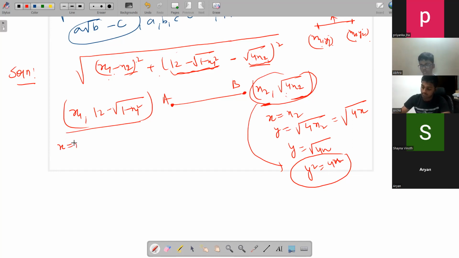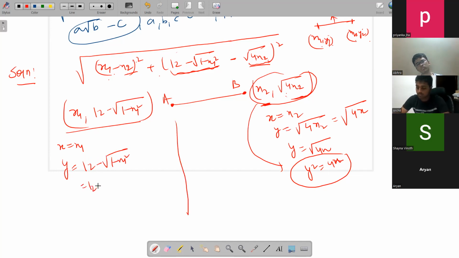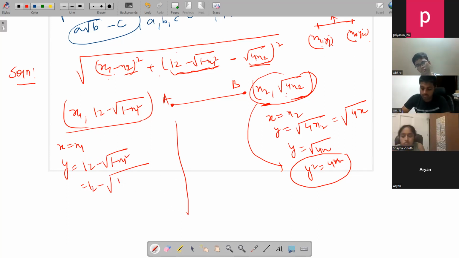Let's talk about the other point. For this, x is x1 and y is 12 minus under root 1 minus x1 square. To find out on which curve this point lies, just put x1 as x and write 12 minus y equal to under root 1 minus x square.